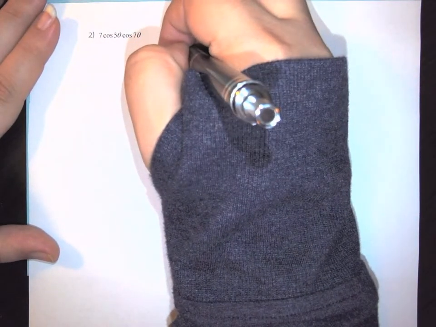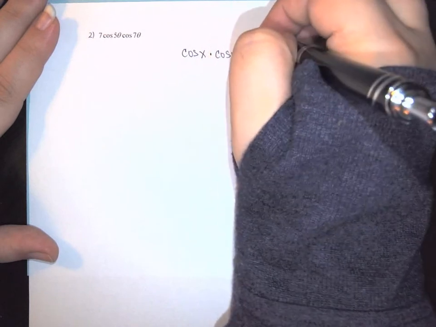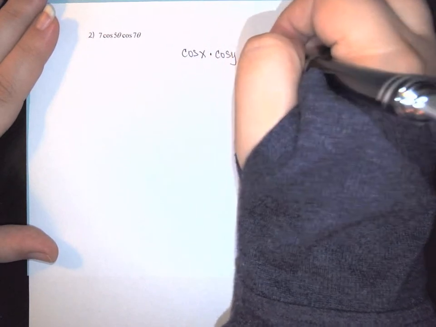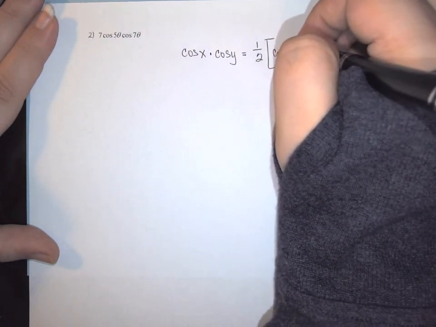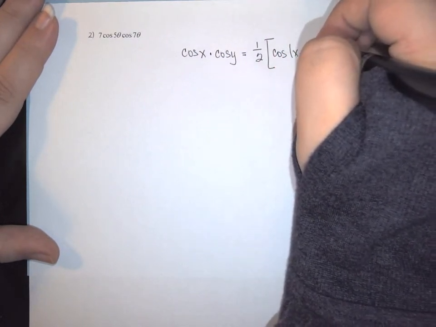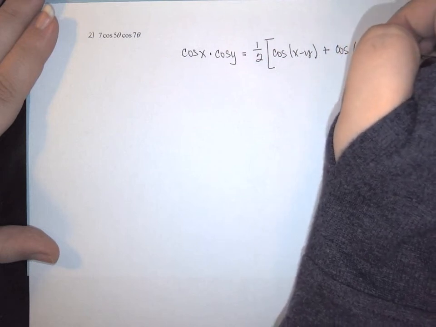That identity, again, is that the cosine of x times the cosine of y is 1/2 times the cosine of x minus y plus the cosine of x plus y.